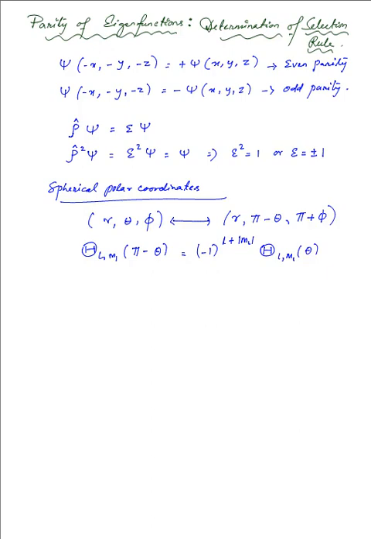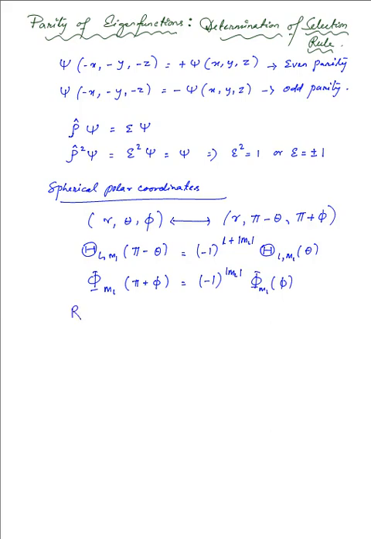And as far as the azimuthal function is concerned, we have Phi m_l of pi plus phi, and that will be equal to minus 1 raised to the power m_l times Phi m_l of phi.